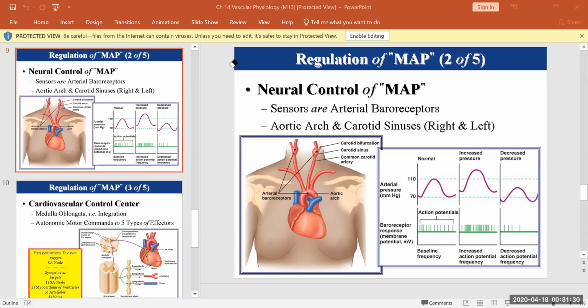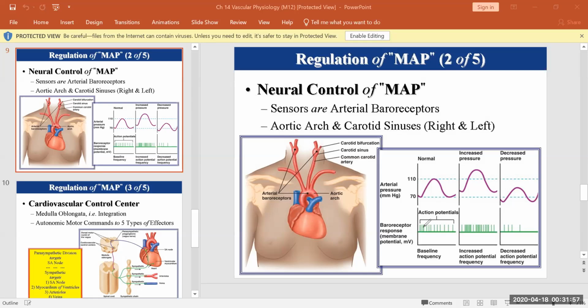Now, under normal conditions, when the walls of the blood vessels are not being overpressured, in other words not being distended, or the blood pressure hasn't dropped, it's normal. So action potentials are sent to the medulla oblongata, the cardiac center in the brainstem controlling this.